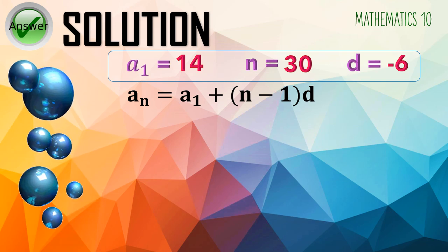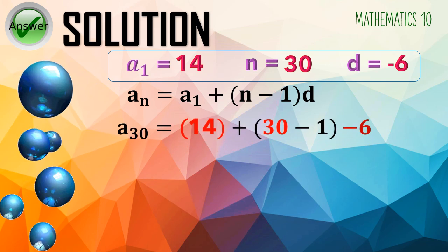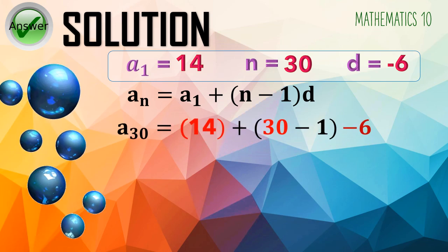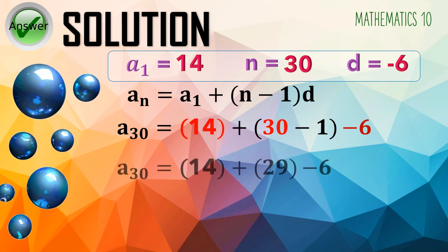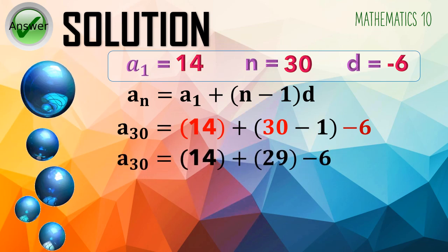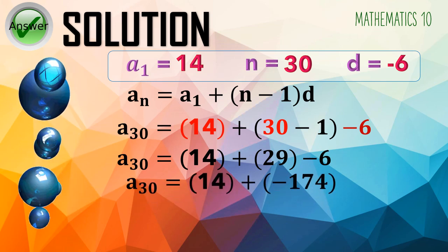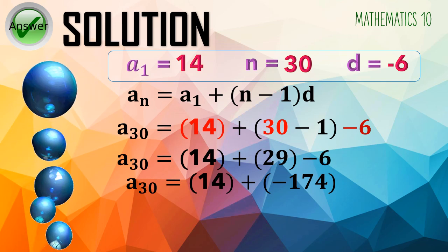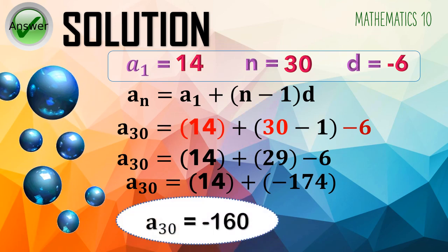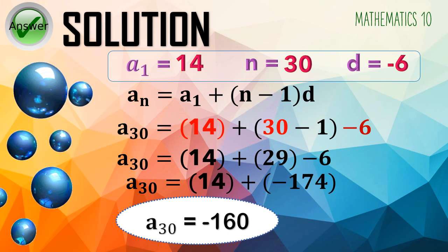Substituting the data in the formula, here it is, and then simplify those inside the parentheses, which is 30 minus 1, so we have 29, and then multiply with negative 6, so it's negative 174, and then lastly you combine it with 14, so a sub 30 is equal to negative 160.